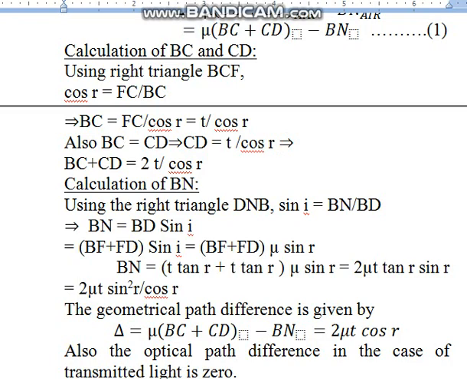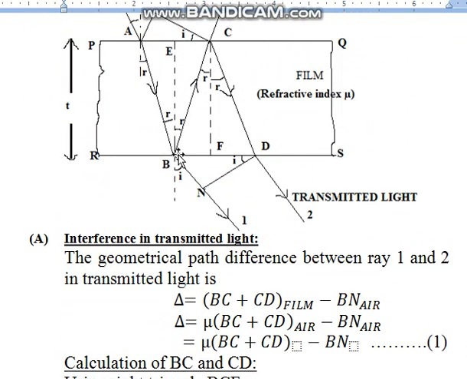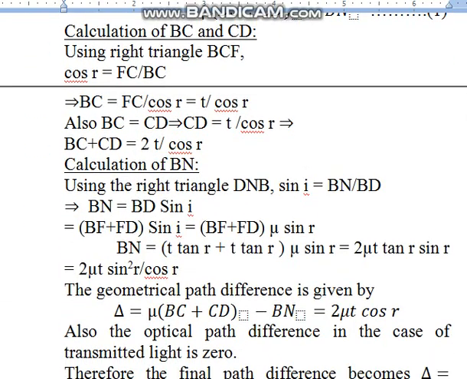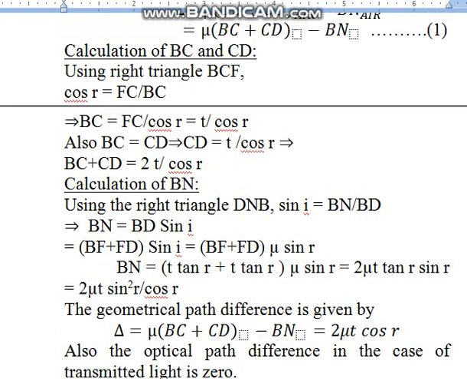For BN, let's take triangle BDN. In this triangle BDN we will apply the sine formula. So sin I is equal to BN upon BD. This implies BN is equal to BD times sin I. What is BD?